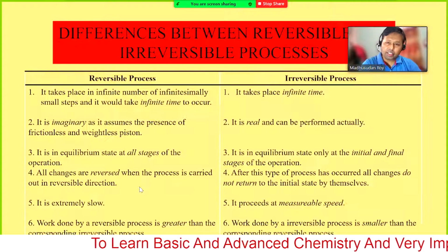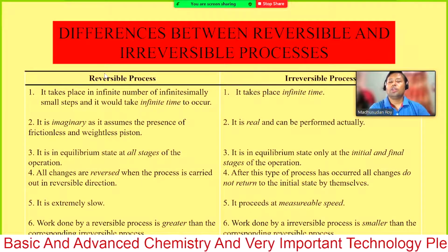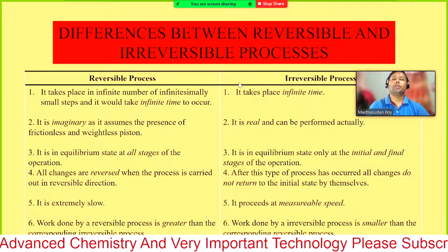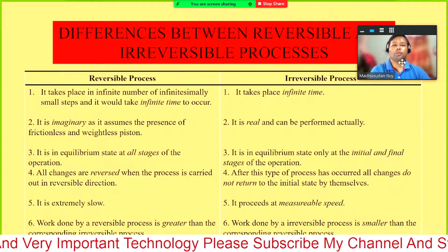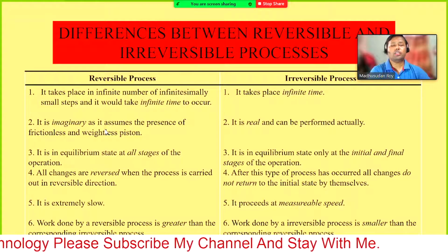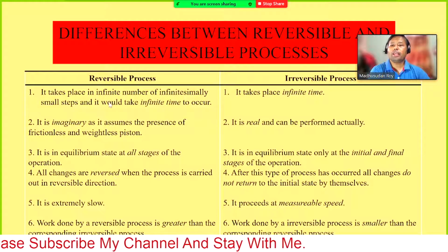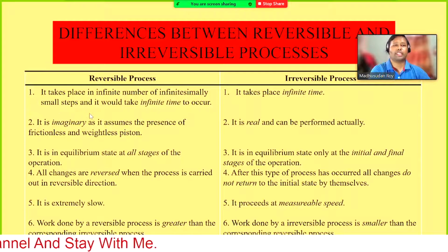So let's see some other differences that we have learned between reversible and irreversible processes. First, the reversible process, as I have already mentioned, takes place in an infinite number of infinitesimally small steps.